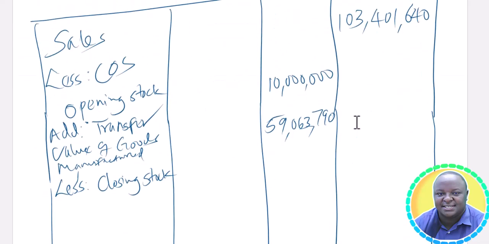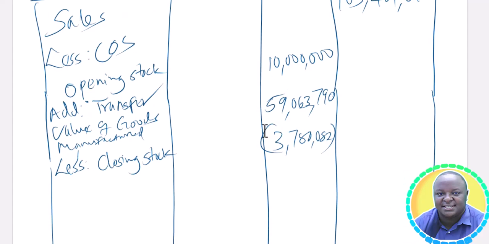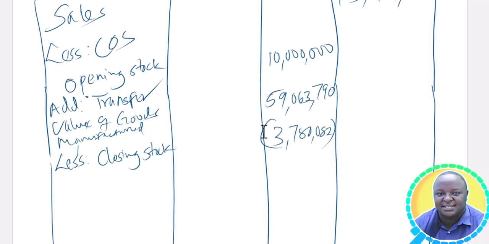So we less 3,780,082. If we do that, we add 10,000 plus 59, we get 69,003.